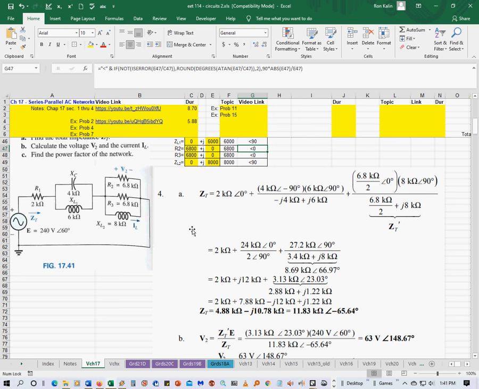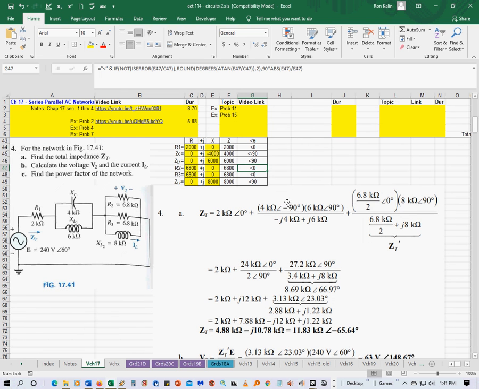So the book wrote it out simply: the 2K angle 0 plus these two in parallel, which is the 4K angle negative 90, which is the capacitor, times the 6K angle plus 90, which is the inductor, divided by minus J4K plus J6K.